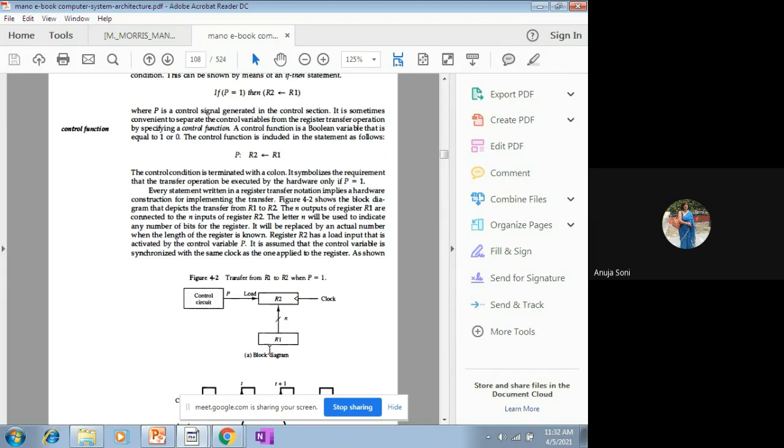Here you have drawn the notation of two registers, R1 as well as R2. So whenever this register transfer takes place, all n bits will be transferred from R1 to R2. So how will you graphically or symbolically present this kind of transfer statement? In order to represent the n number of bits, you need to draw n number of separate arrows.